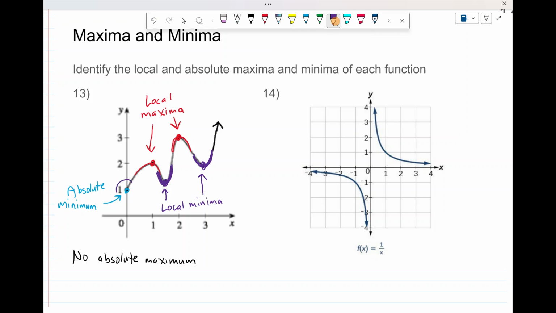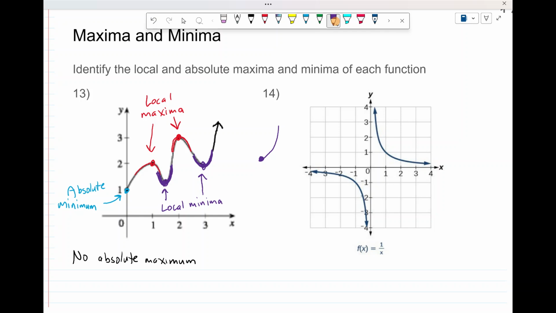Notice that this is not a local minima right here. That would be incorrect to say that's a local minima. And the reason why is I cannot make a U there. There are points to the right of that point, but there are no points to the left, right? So if I have something that looks like this and it ends right here, that can't be a local minimum.